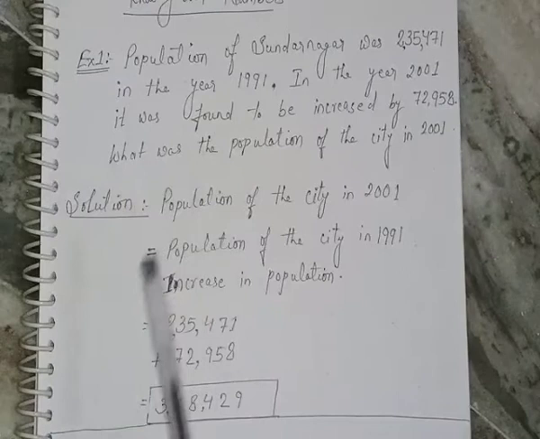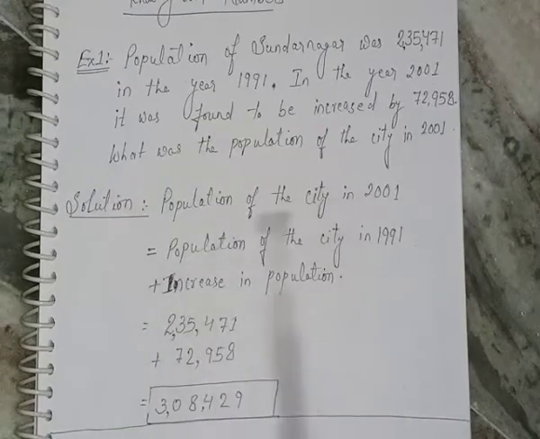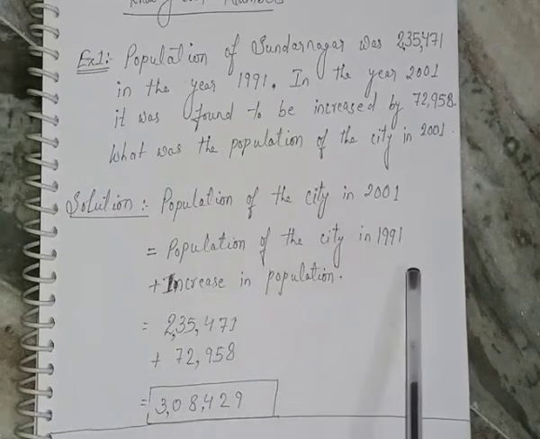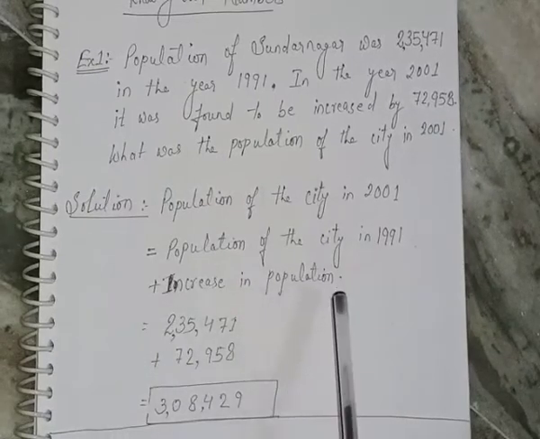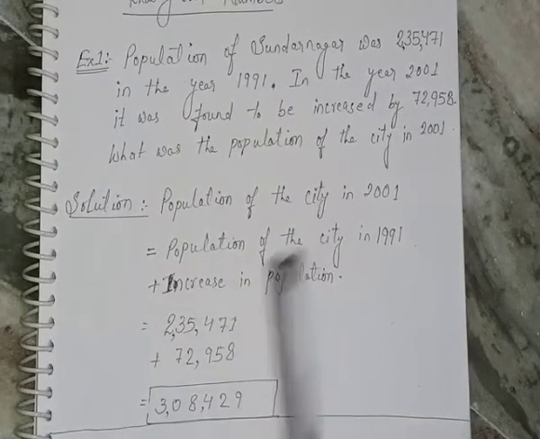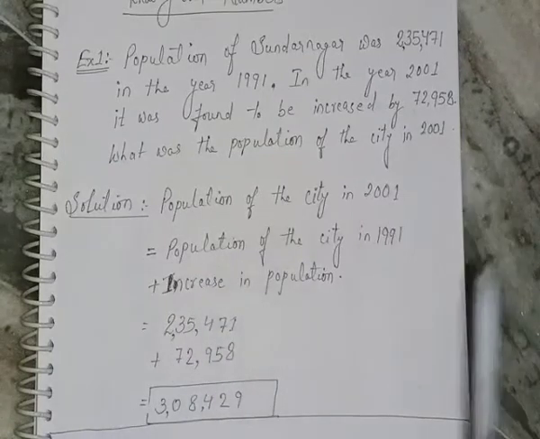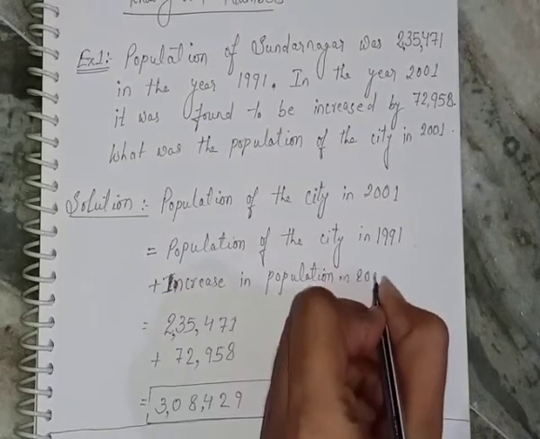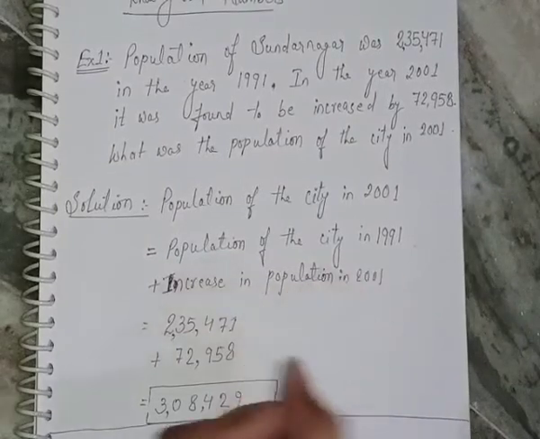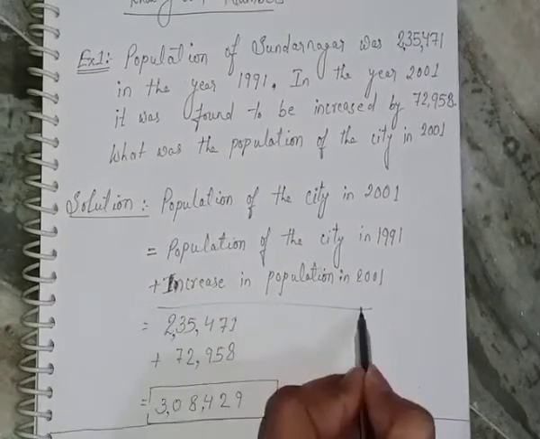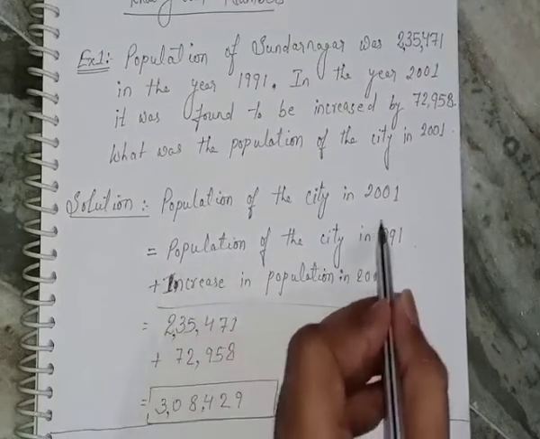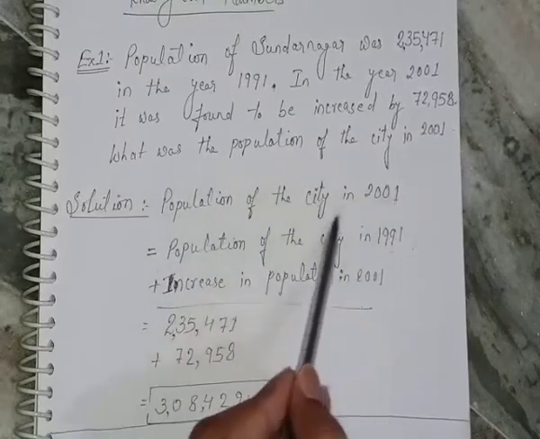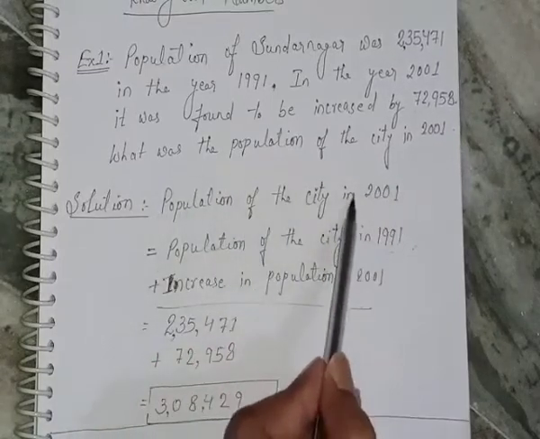The population of the city in 2001 is the population of the city in 1991 plus the increase in population in 2001. This is the population increased in 2001 and this is the population already in 1991.